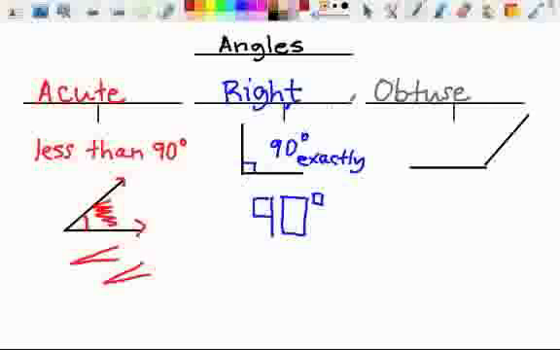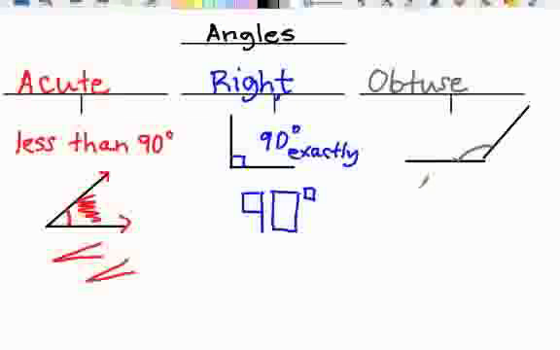Acute angles. And obtuse angles, obtuse, the word sounds kind of silly, but obtuse like obnoxious. Imagine holding your arms all out wide like an obtuse angle, knocking into everybody in line. That's what an obtuse angle does. An obtuse angle is pretty obnoxious because it's so darn huge.